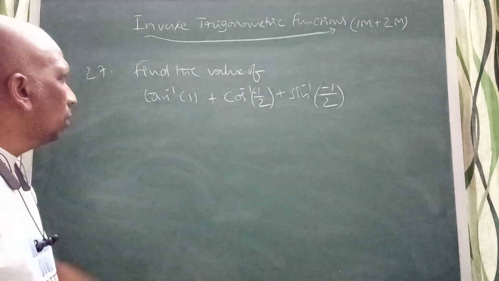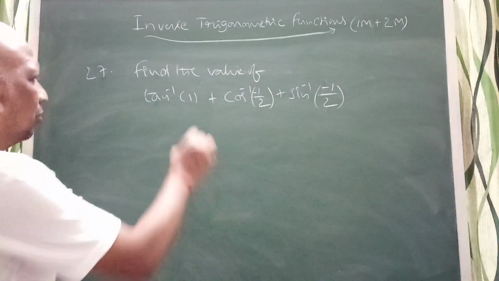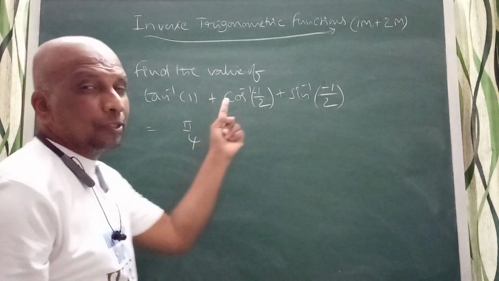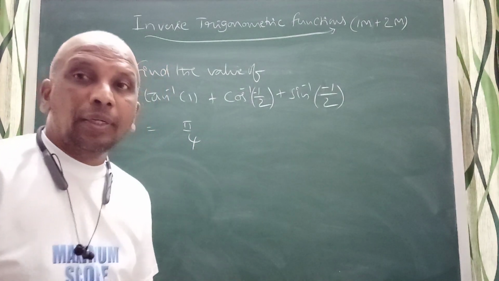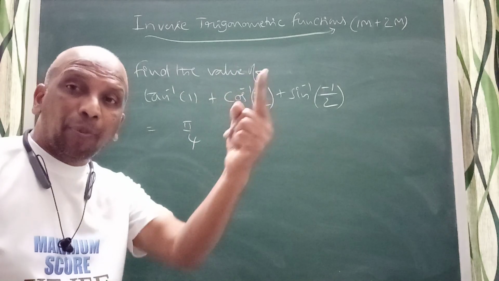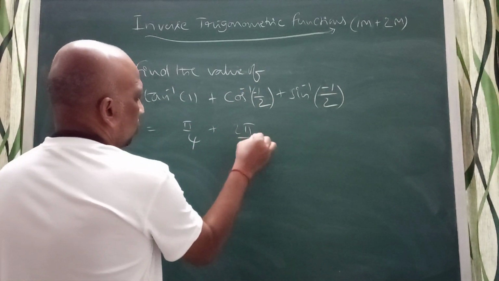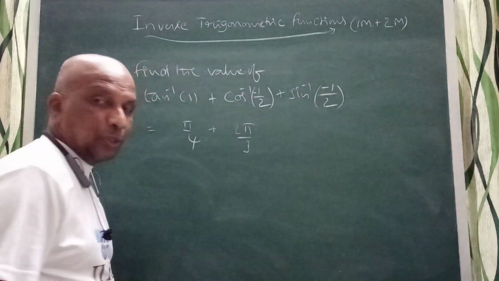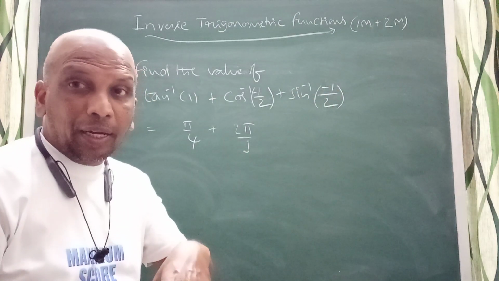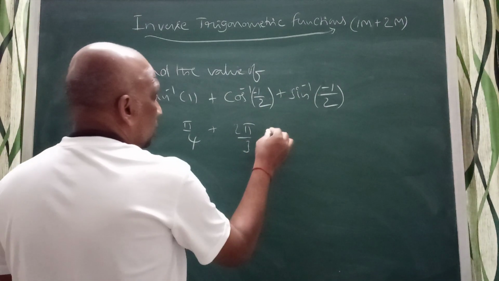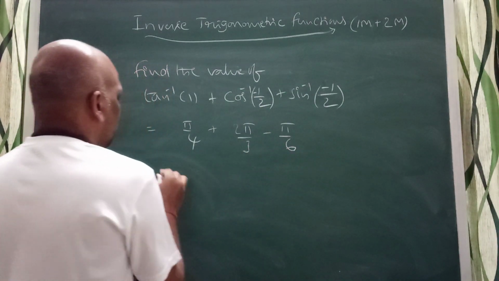A simple problem: find the value of this. Tan inverse 1 is positive, so this is pi by 4. Cos inverse of minus 1 by 2 is negative, so the angle should lie between pi by 2 to pi. This is 2 pi by 3. Sin inverse of minus 1 by 2: the angle should be negative, between minus pi by 2 and 0. This is minus pi by 6.